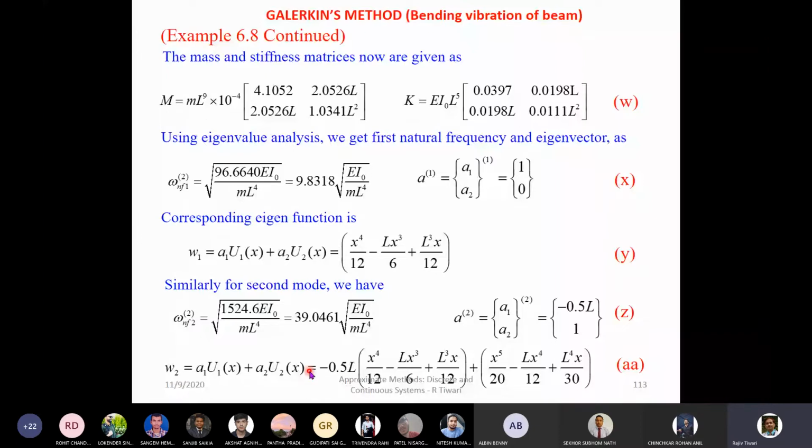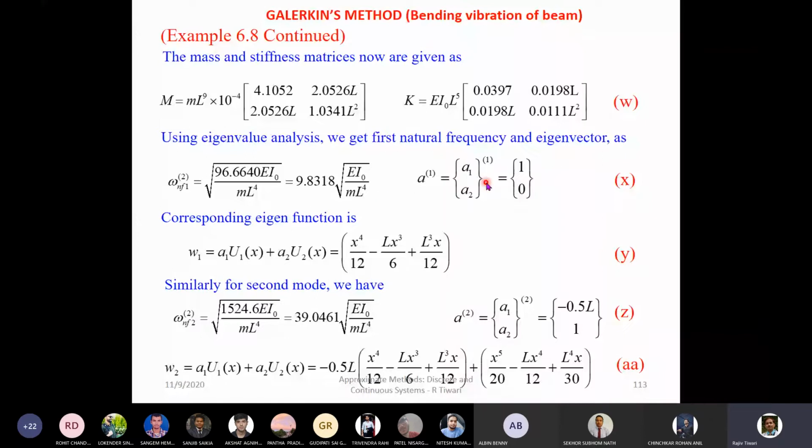Then these matrices will be 3 by 3 or 4 by 4 in size, and correspondingly the natural frequencies will be 3 or 4. In general, n. If we are taking n terms here, we'll get an n by n mass matrix and stiffness matrix, and that will give us n natural frequencies and corresponding eigenvectors.